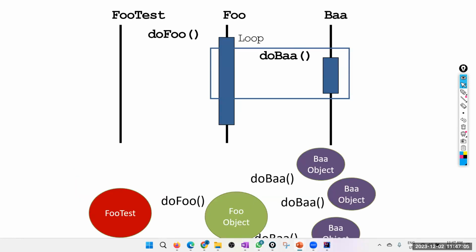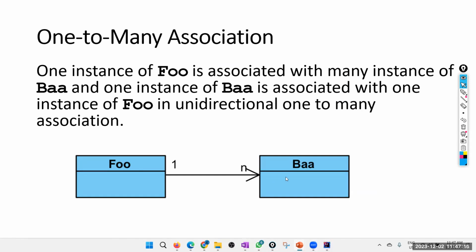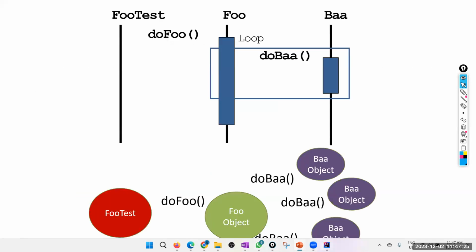Now this is more interesting, because now let's say it's unidirectional one-to-many. Say we call the foo object. Our assumption is the foo object is associated with many bar objects, not one bar object. That is why it's one-to-many. So this is our test class. We call the doFoo behavior of one foo object. Say doFoo is an instance method.